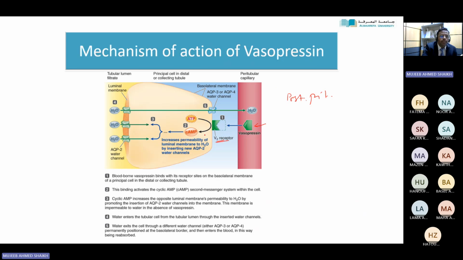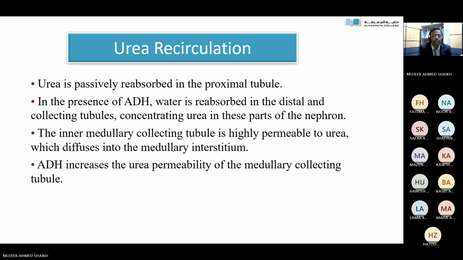This leads to the formation of many channels located on the luminal border for absorption of water. Many aquaporin channels will be fixed on the luminal border. This is the action of vasopressin.